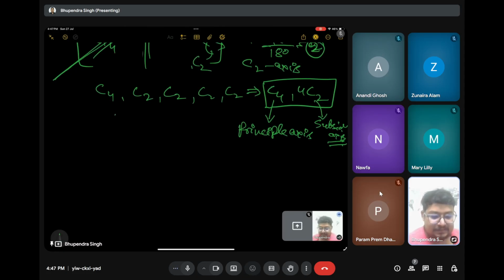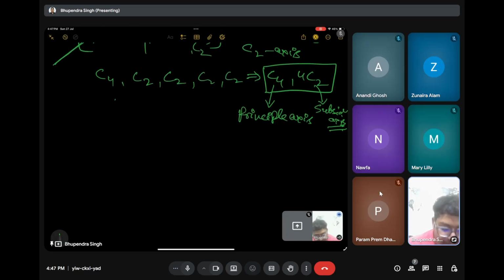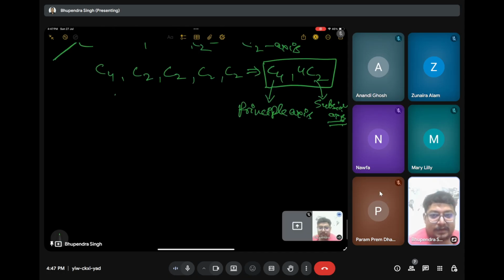Let's take another example, which is not a planar molecule. These non-planar molecules are tricky ones actually. If you do not look closely, you will end up getting a wrong result. Example, NH3. It looks similar to BF3, the same example I have given.